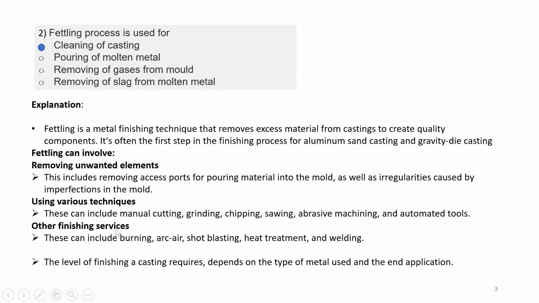Then other finishing services can include burning, arc gouging, shot blasting, heat treatment, and welding. The level of finishing a casting requires depends on the type of metal used and the end application.